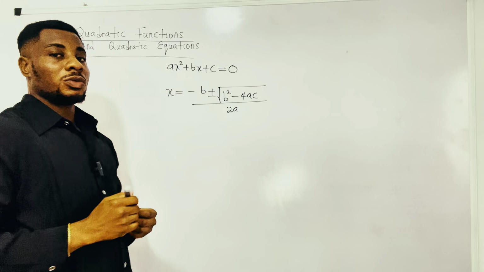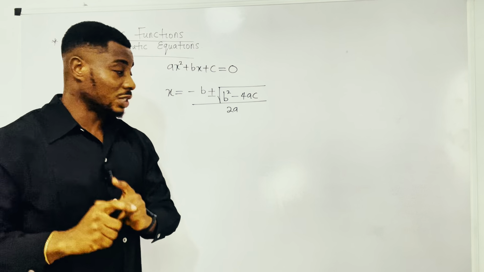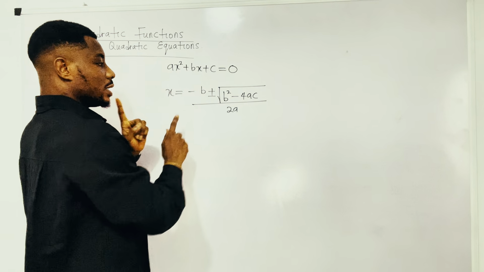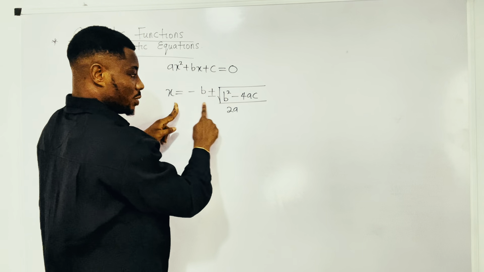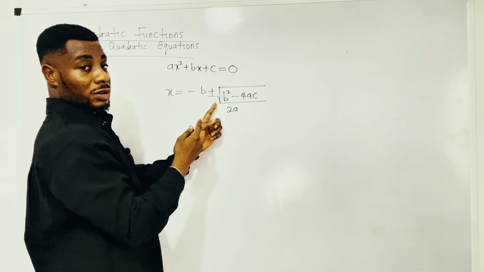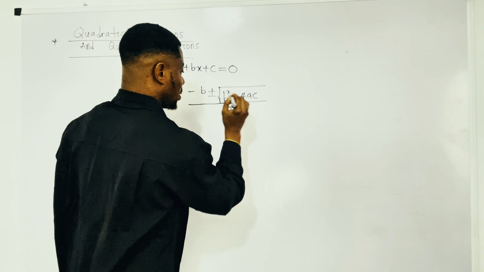One of the mistakes you're going to make if you're not careful as a student is thinking that the division starts from here. Please don't make this mistake. The division covers everything here.